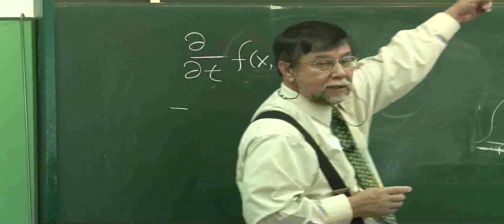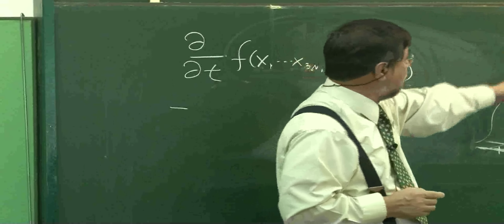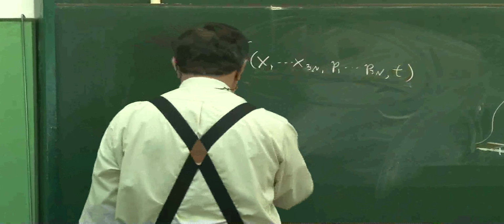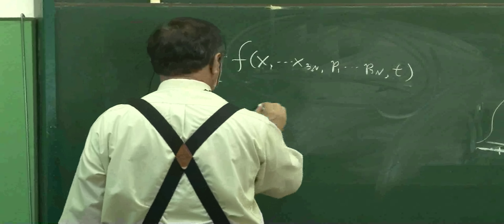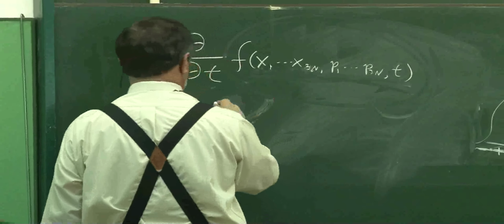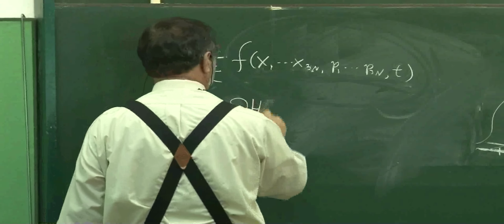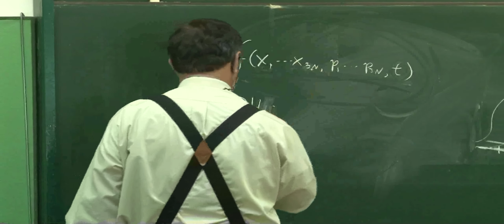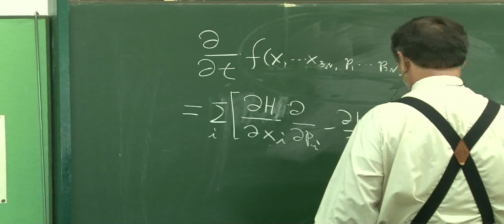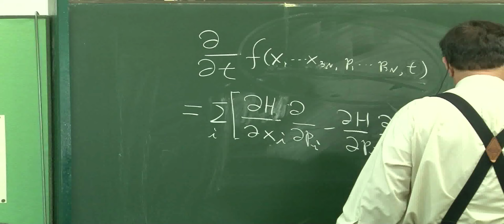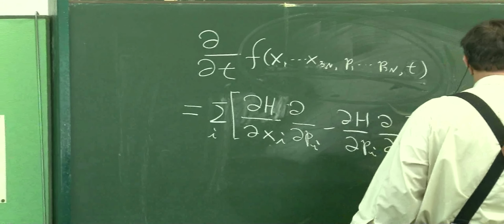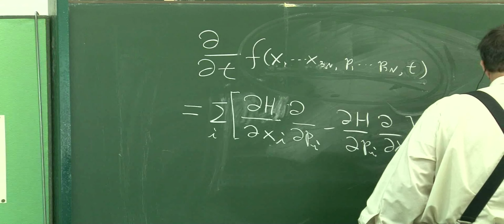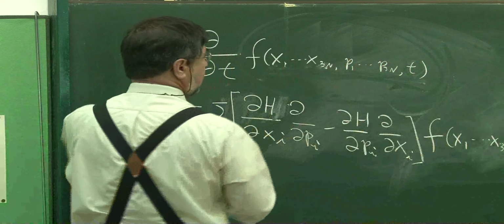So suppose that the points follow the Hamilton equation of motion, we know, but I will not write it down, okay, this way. Hamiltonian is given. This is an equation.